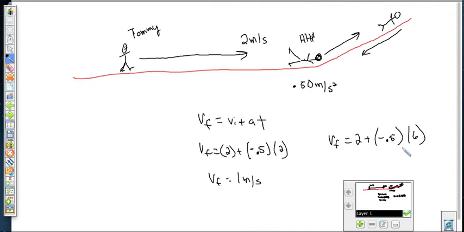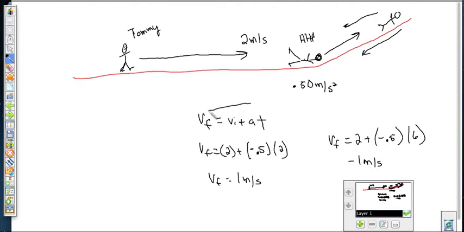So multiply this all out, we end up with negative 1 meters per second, okay? So there he is. He's coming back down the hill in 6 seconds. He's sliding back down the hill at 1 meter per second in the opposite direction. Thus we have the negative 1 meter per second.